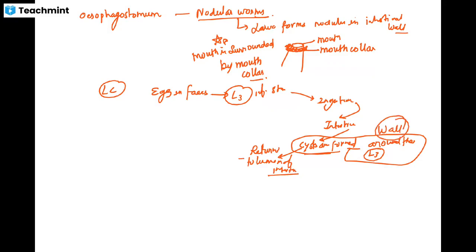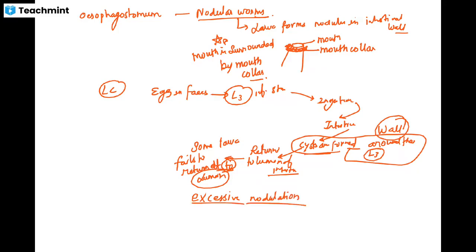Then some larvae fail to return to the lumen. In this case, the larvae that could not come to the lumen remain attached to the intestinal wall.